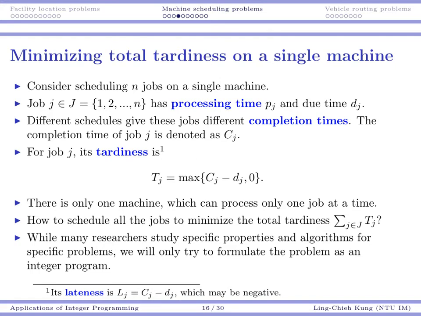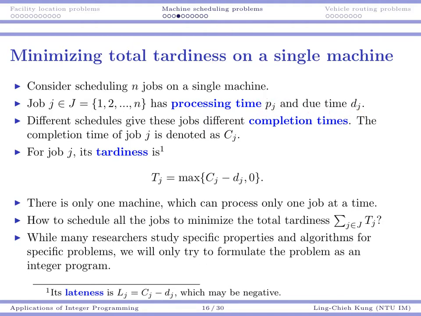Let's start with this example, minimizing total tardiness on a single machine. Suppose we want to schedule n jobs on a single machine. For each job j, I have been given the processing time pj and the due time dj.